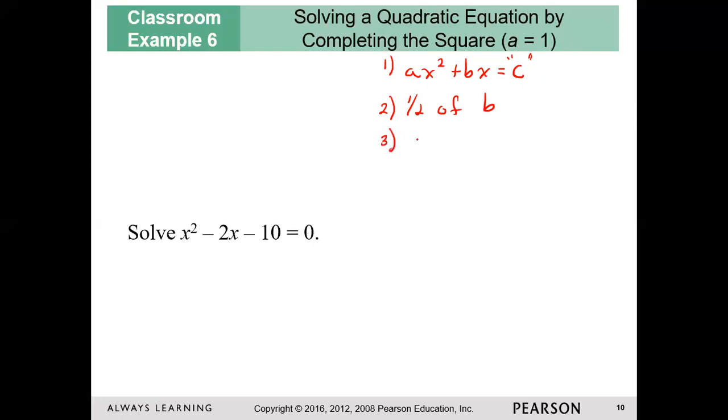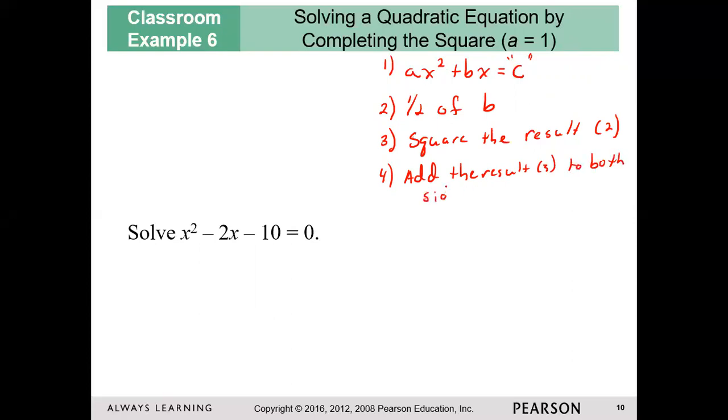Step 3 will be to square the results of step 2, okay? Step 4 will be to add the results of step 3 to both sides of the equation.